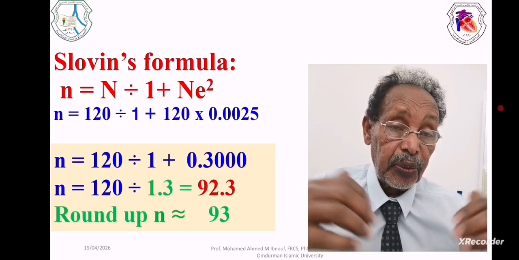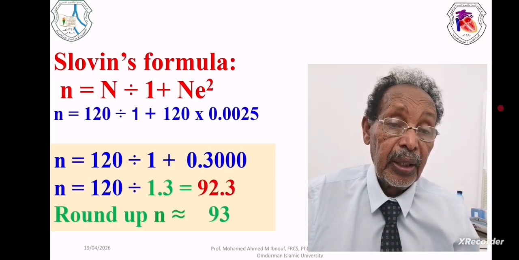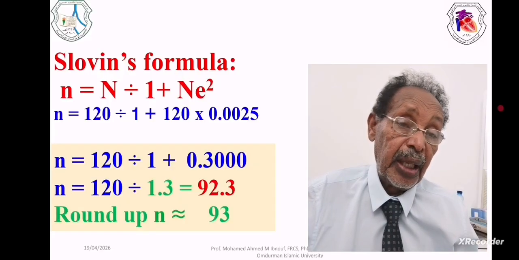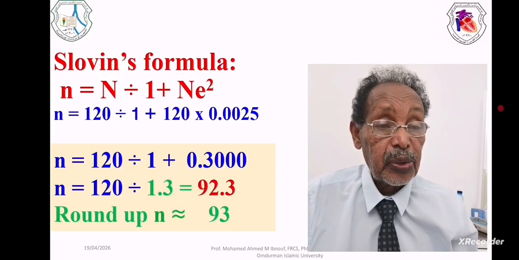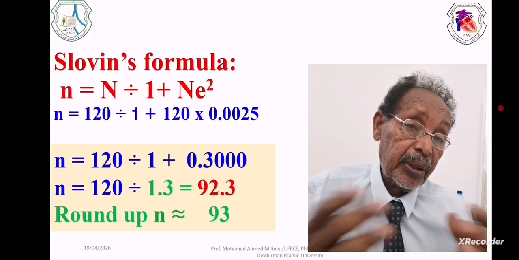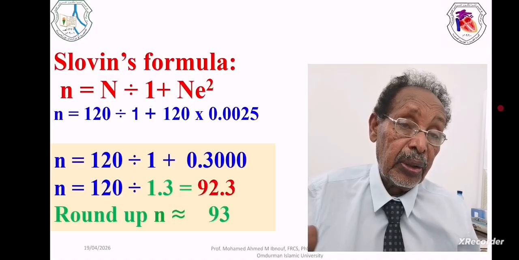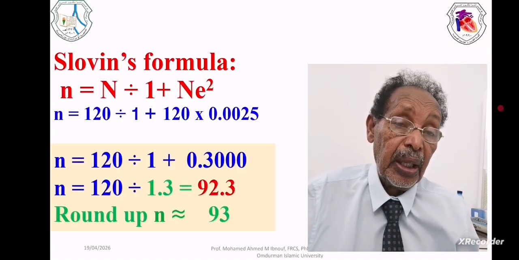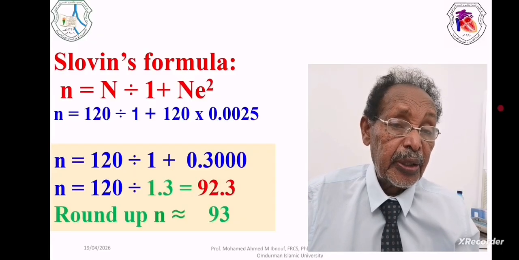For this attrition, for these losses of data, if our system is perfect, we can add 10%. And if it is messy and not in good order, then we can add 20%. Let us add 10% to 93.